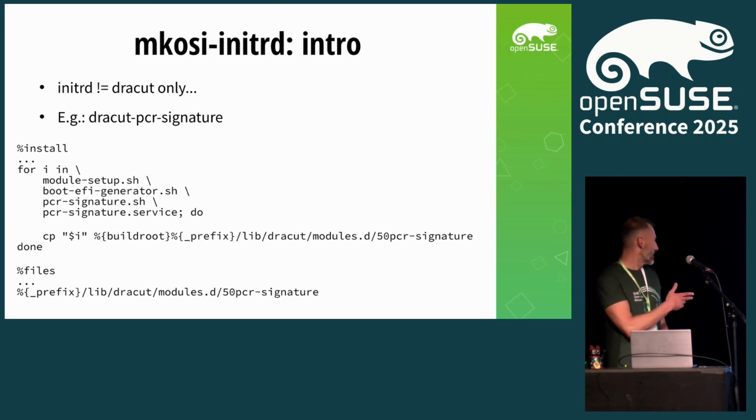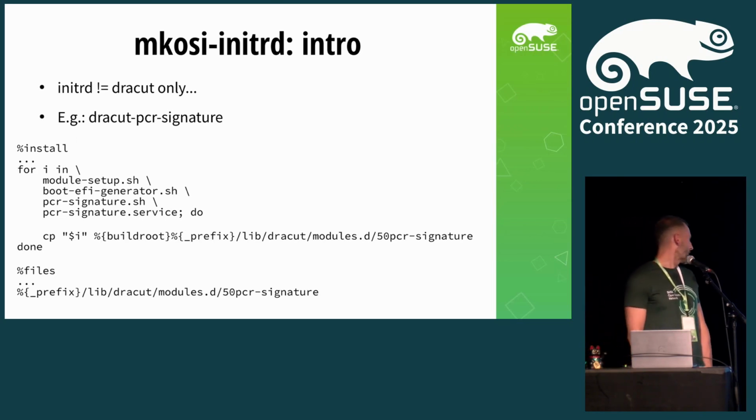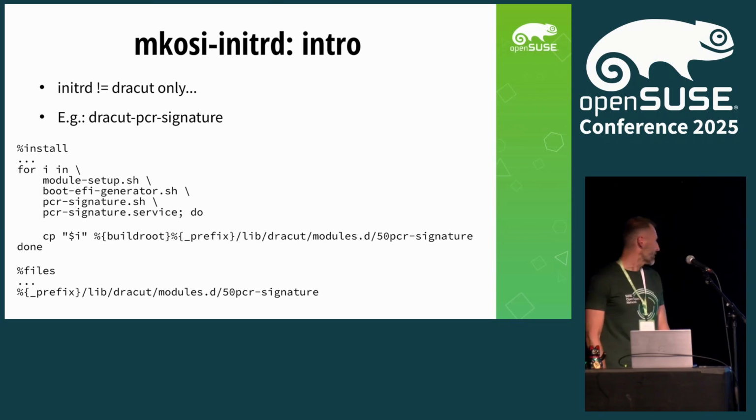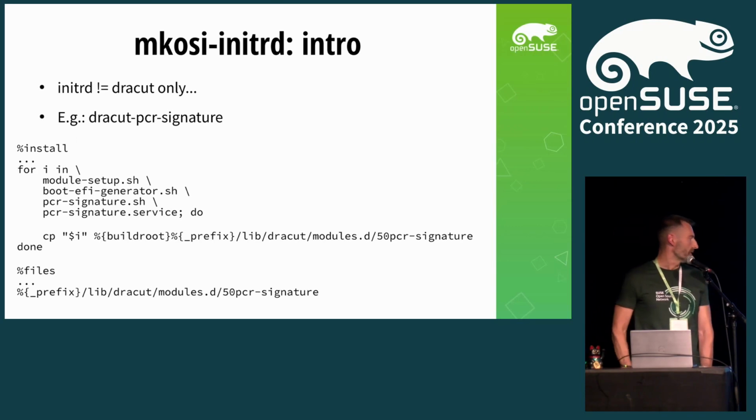It contains a systemd generator, this efi-generator.sh, a systemd service, this pcr-signature.service, and the script the service executes when it runs, which is this pcr-signature.sh. And everything is installed within the dracut module.